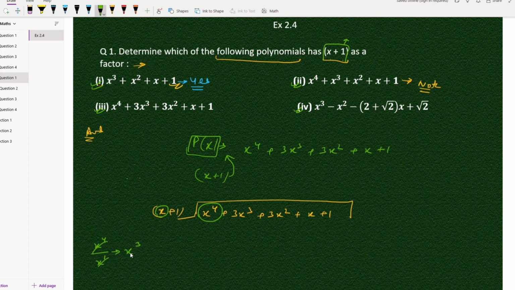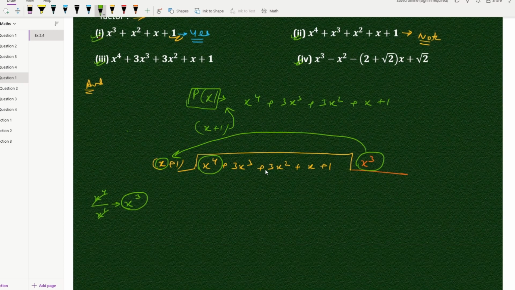to power 3. Now whatever this quotient is coming, we have to keep it here, that is x की power 3, and in the next step we have to multiply this x की power 3 with the whole divisor. So now let us multiply them, x की power 3 into x plus 1.